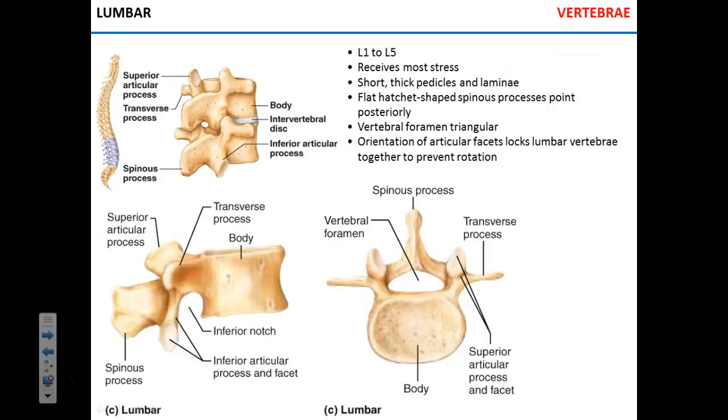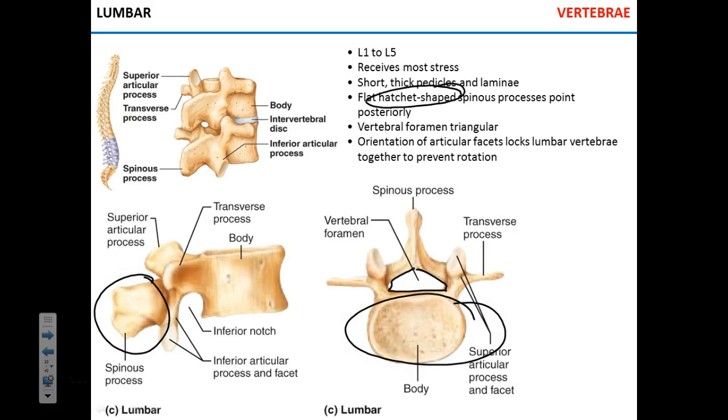Finally, lumbar vertebrae. Lumbar vertebrae are massive. These 5 vertebrae carry the majority of the trunk weight and upper limbs weight. Huge body. Again, triangular vertebral foramen. Horizontally directed, hatchet-shaped spinous process.